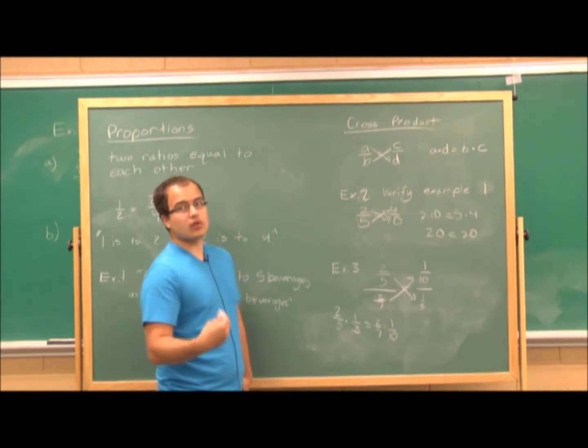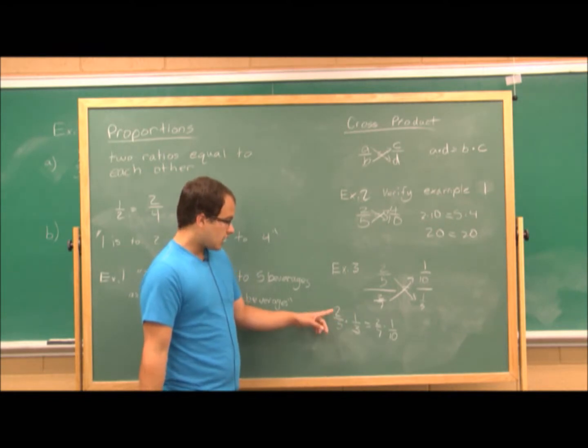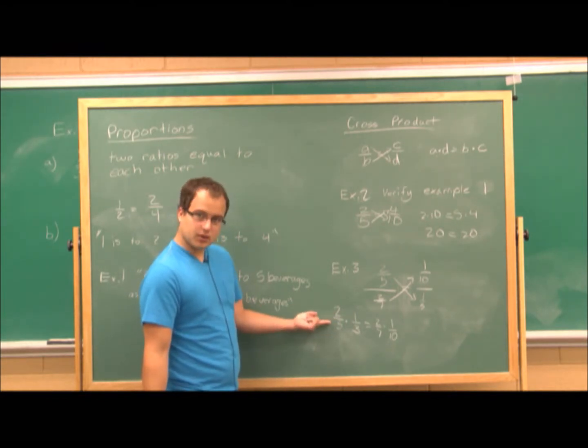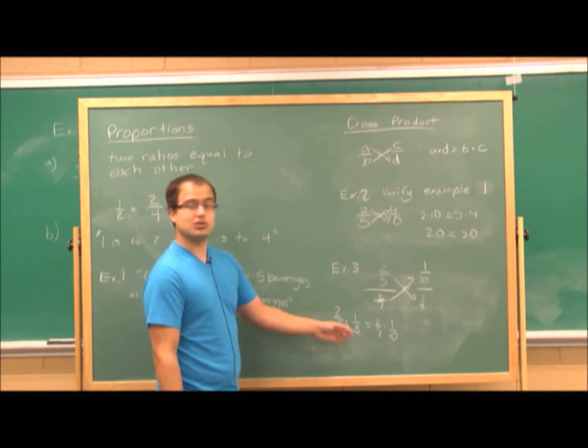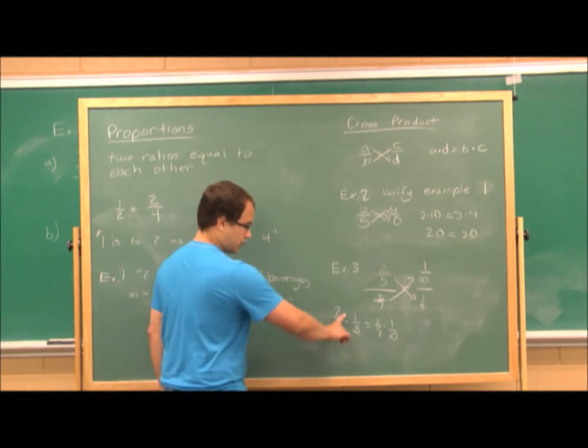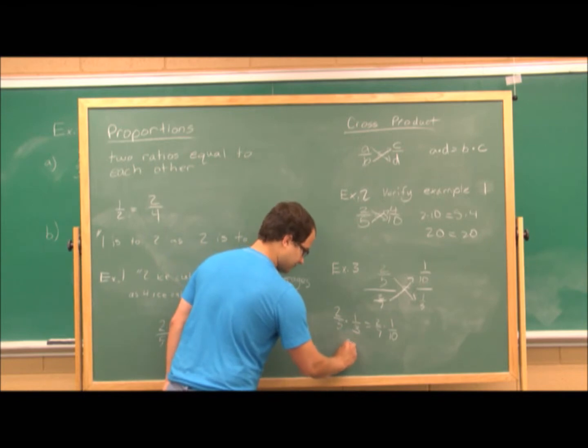Now simplify both sides first. Can any of the numerators simplify with any of the denominators over here? No, because they're all prime numbers, 1, 2, 3, and 5. So you just multiply across. 2 times 1 is 2. 5 times 3 is 15.